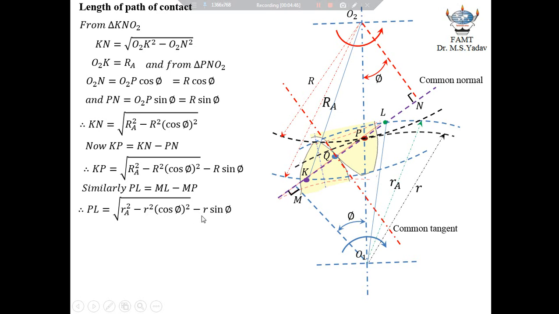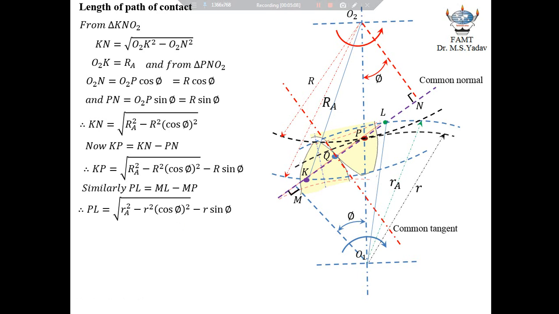This term will be in square root, and out of the square root minus small r sin phi. So PL will be square root of small ra square minus small r square cos square phi, out of the square root minus small r sin phi. This is length of path of recess.